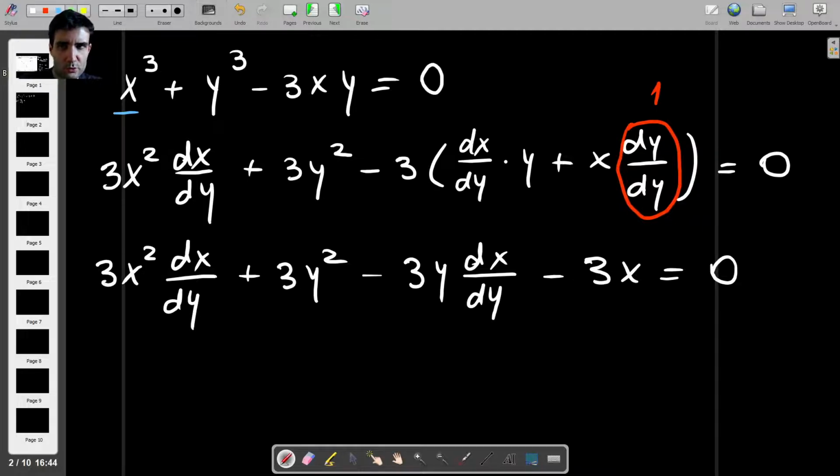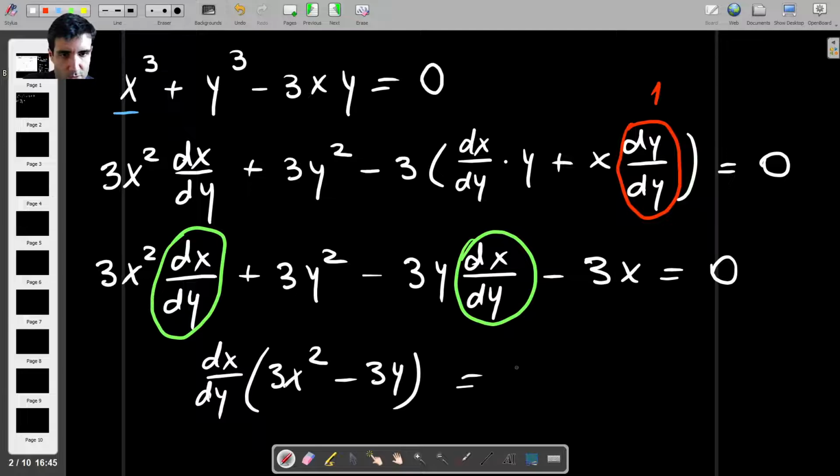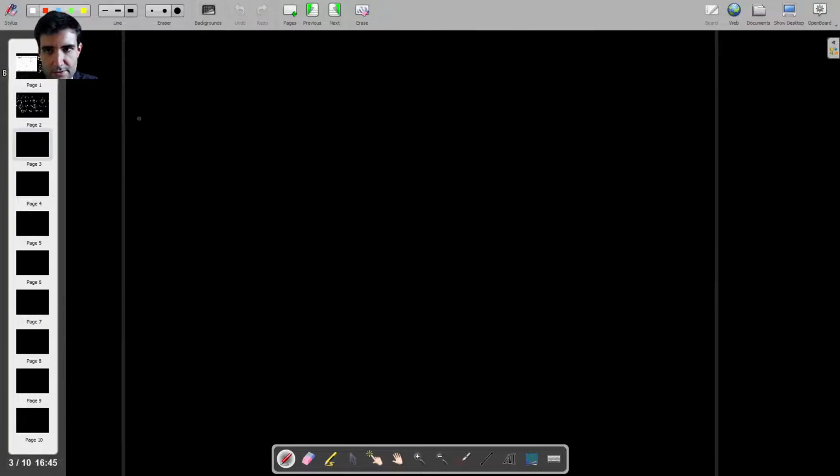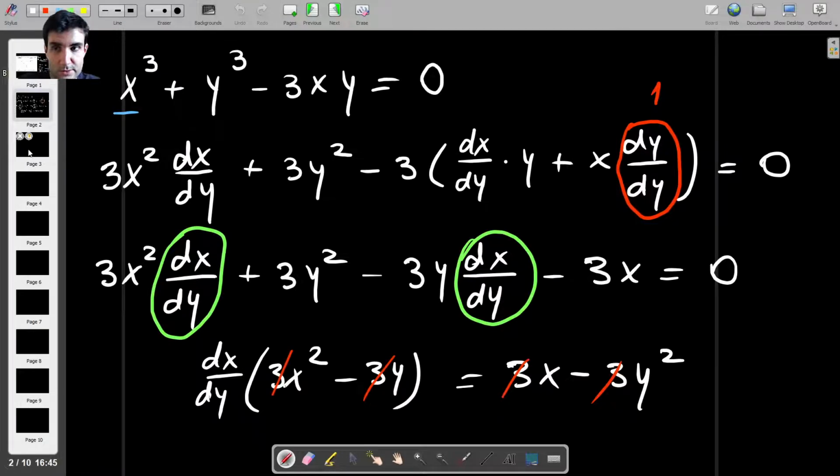What we're actually interested in is dx by dy, so we can factorize dx by dy, and this is what we get: dx by dy times (3x squared minus 3y) equals 3x minus 3y squared. We can cancel out the 3s to simplify the equation a bit, and then we have dx by dy equals (x minus y squared) over (x squared minus y).